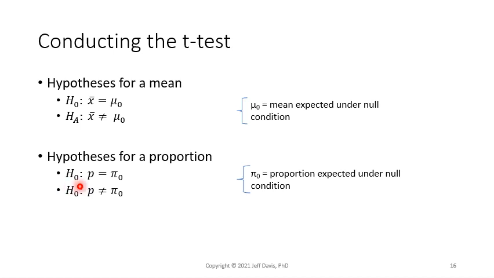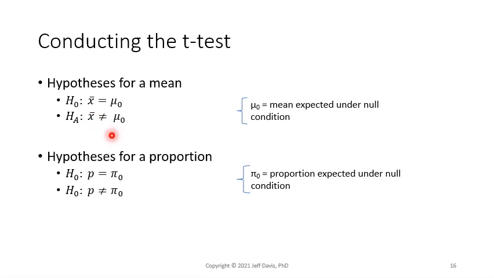So for the null hypothesis, the proportion from your sample is equal to the proportion that would be expected under the null condition. And again, for the alternative, H sub A, that would read: the proportion from your sample is not equal to the proportion that's observed in the null condition.